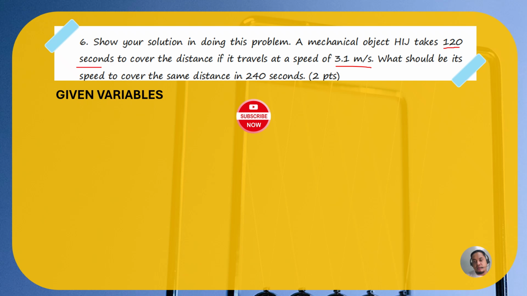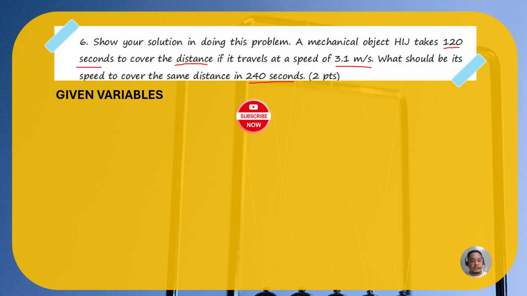So with a speed of 3.1 meters per second, and at 120 seconds, what particular distance is being covered by this mechanical object? So that's one variable to be solved.